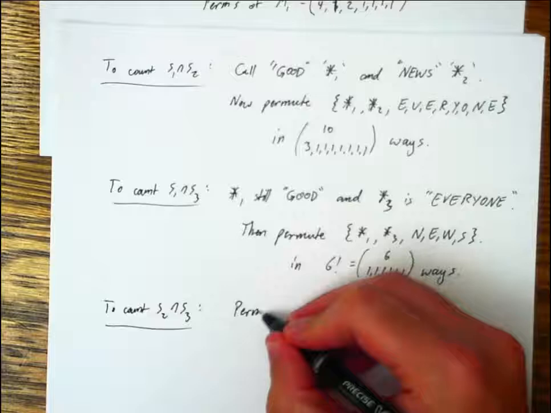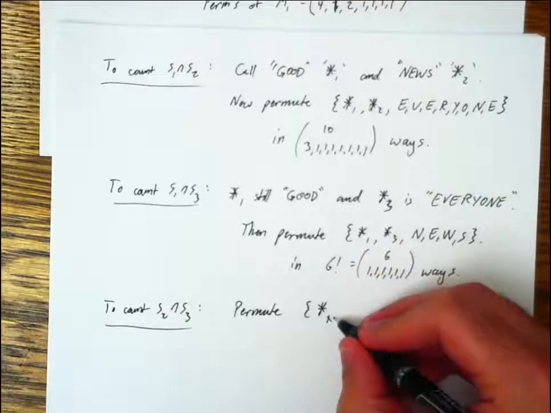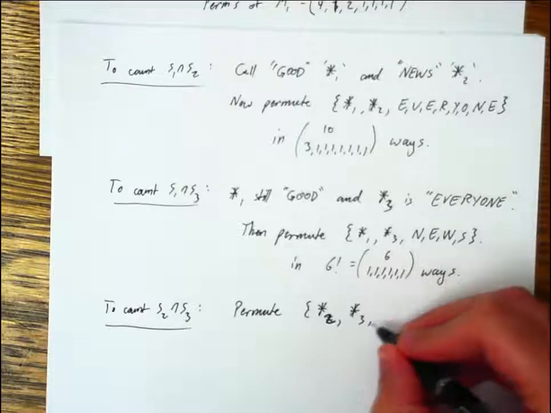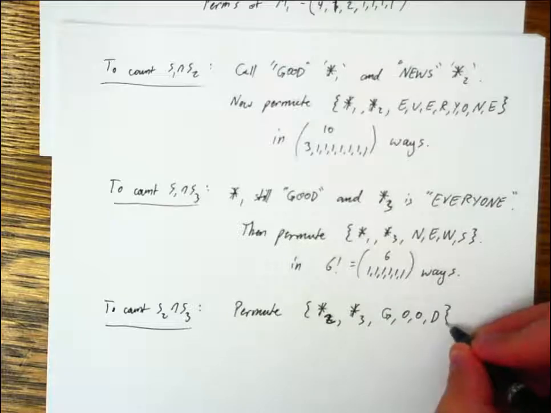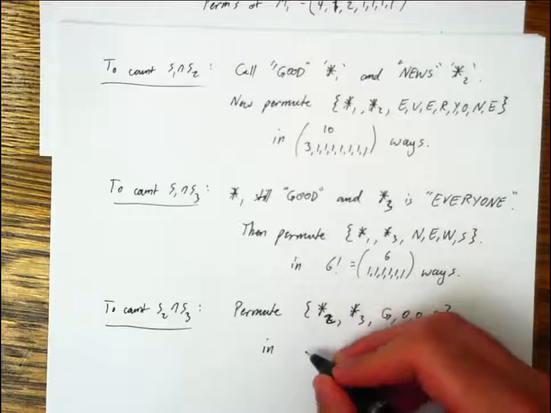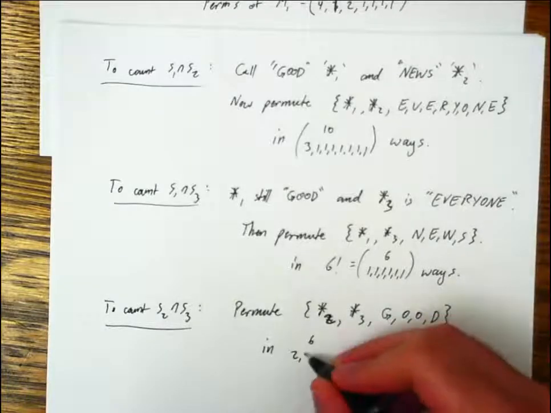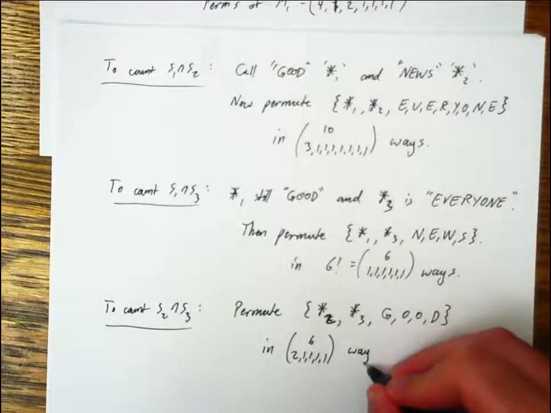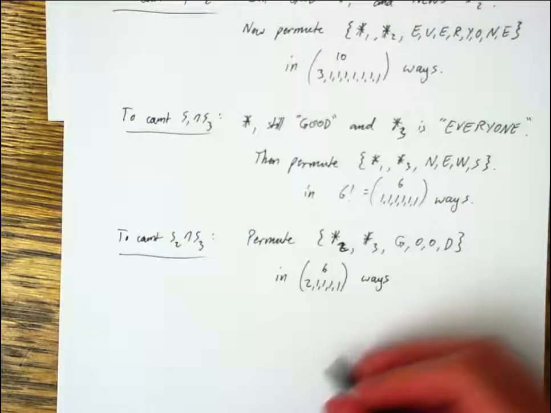So we're going to permute the following set: star 2 and 3, and then the letters that are left over are G-O-O-D. There are 6 letters in total, and 2 of them are repeated. Everybody else is a singleton. You can do that in that many ways. And that's all the pairwise intersections.